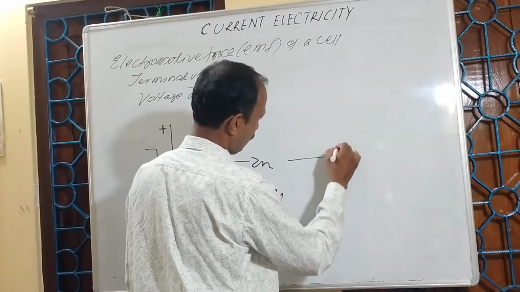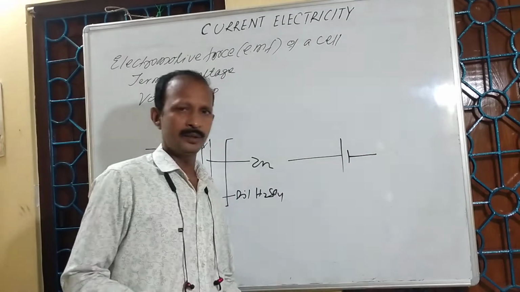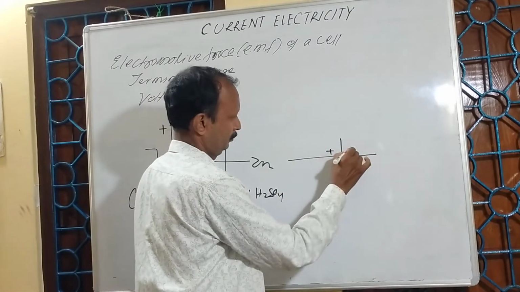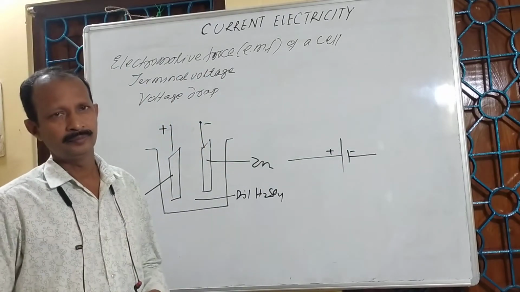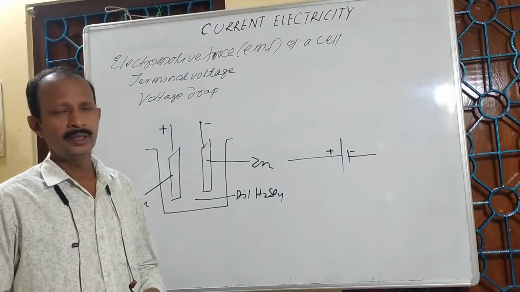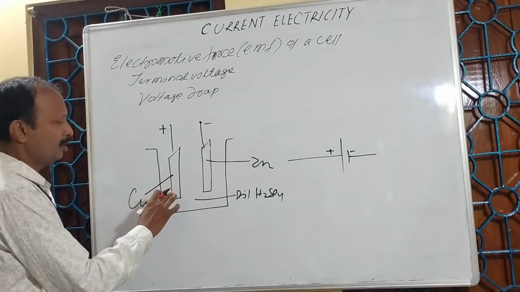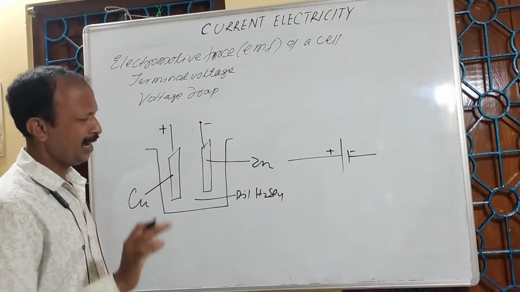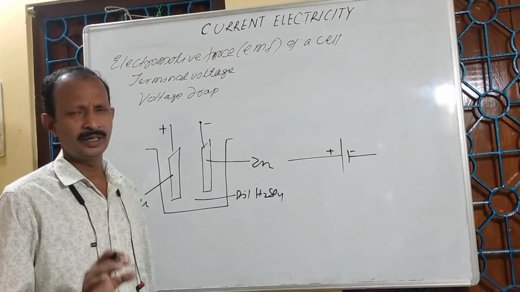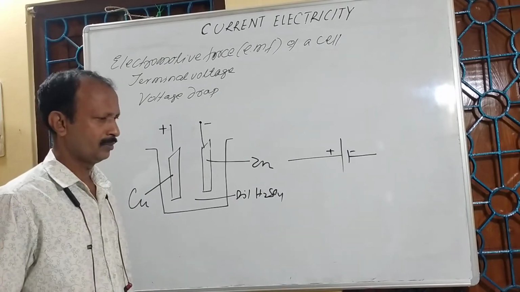So, symbolically, I can write it this way. See here, children. In a cell, there are two electrodes. I have mentioned them in the form of copper and zinc. In any cell, you will definitely find two electrodes.